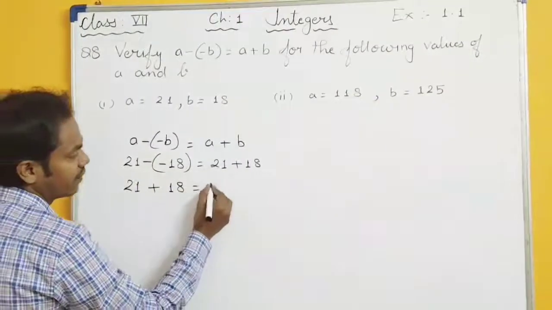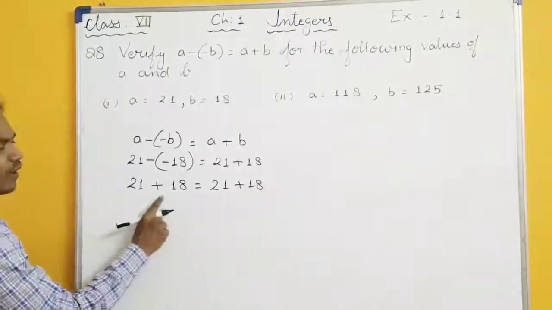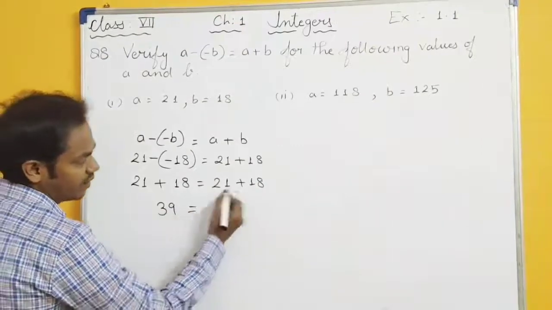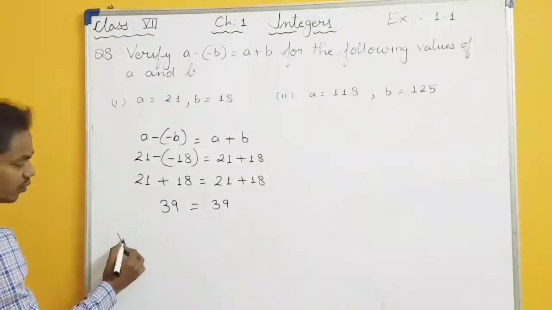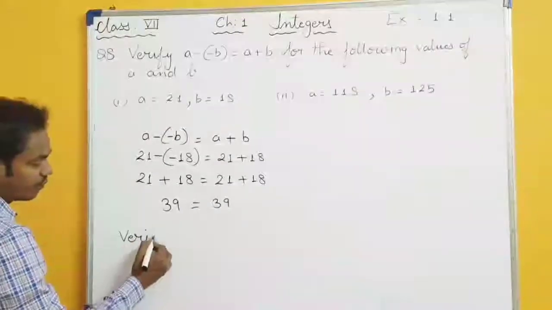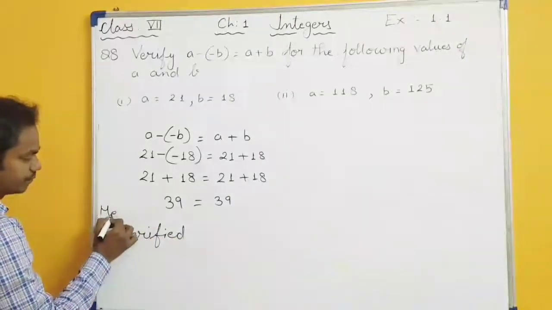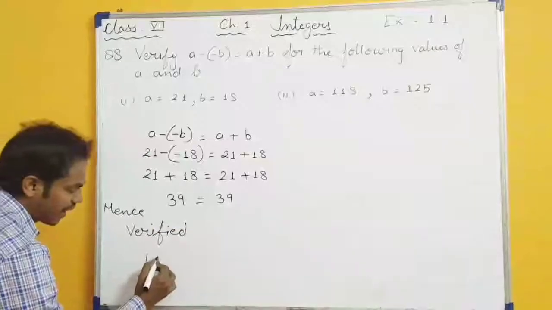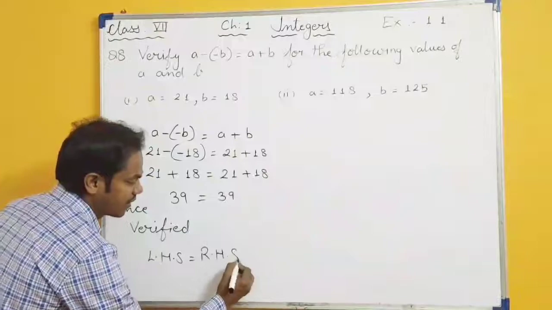Plus 18 is equal to 21 plus 18. 21 plus 18 is equal to 39, and here also 39. Okay, so you will write hence verified, or you can write LHS is equal to RHS.